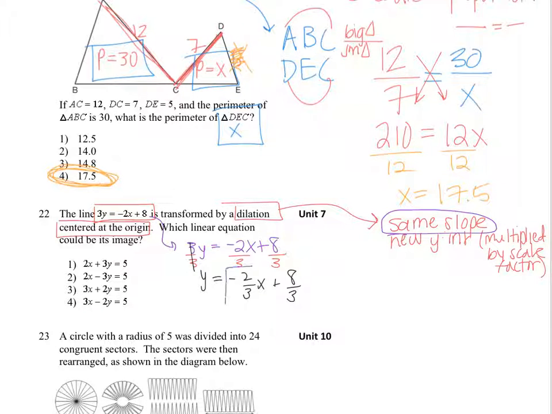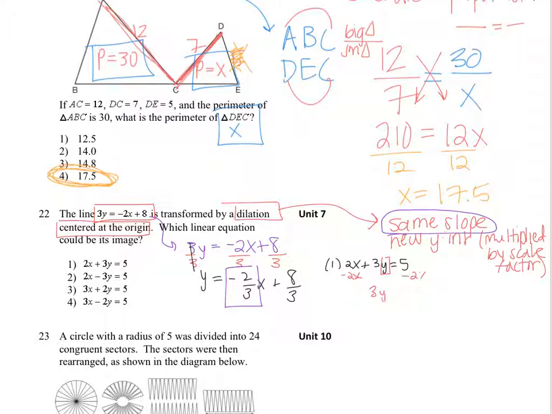So I know that I want my slope to be the same, negative 2/3. When I go through my choices, like choice 1, we have 2x plus 3y equals 5. I'm going to solve that for y, get y by itself again, and see if it has a slope of negative 2/3. So we're going to subtract 2x away.